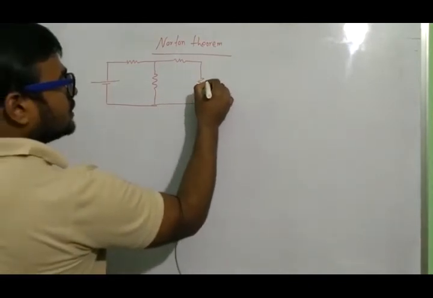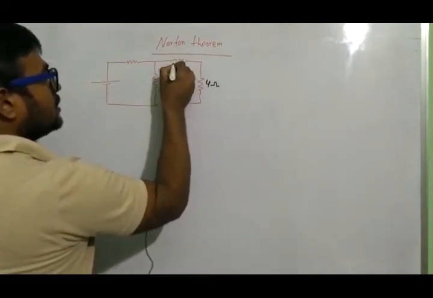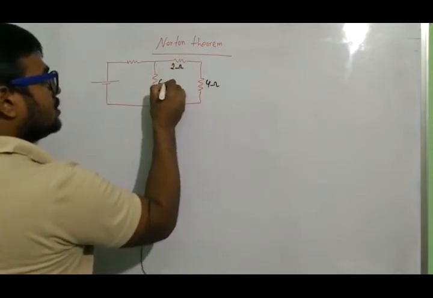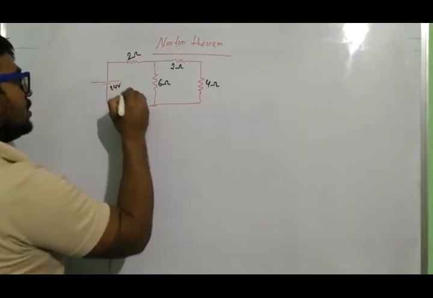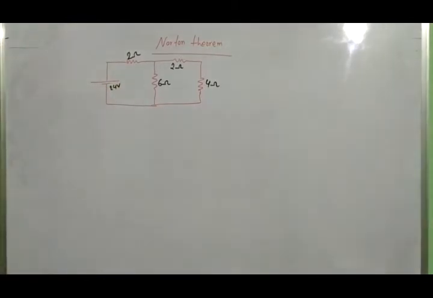The values are 4 ohm, 2 ohm, 6 ohm, 2 ohm, and 24 volt.